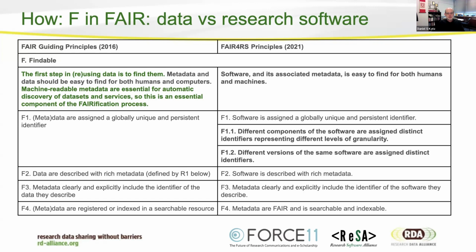So you can see that the overall findable definition is a little bit simpler for software than for data, and that under F1, about identifiers, we added 2 new sub-principles to deal with the fact that software has components and granularity, and that's really a key part of source code. And similarly, that versions are really a key part of source code. And certainly both of these can exist for data, but they're not necessarily inherent in data.